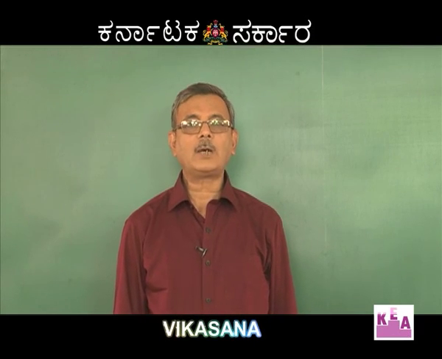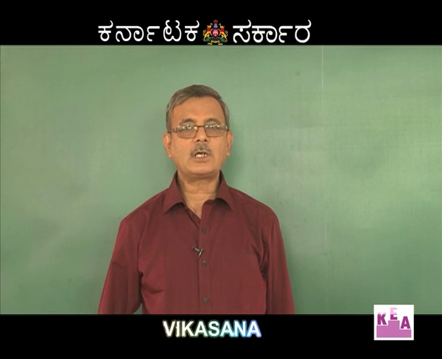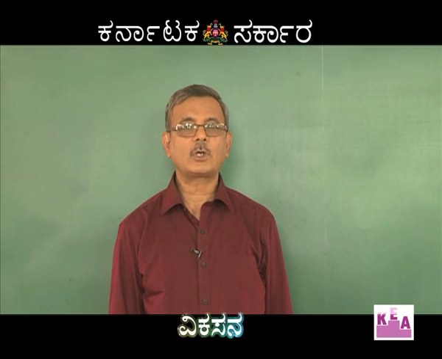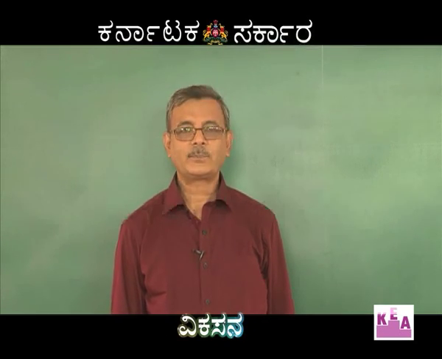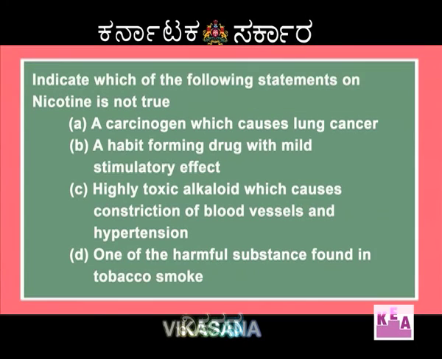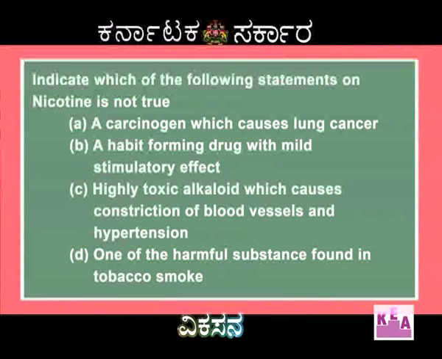So, when we talk about nicotine, it is the cause for an individual to develop addiction. It acts as a stimulant. As a result of this, it causes constriction of blood vessels. This leads to high BP or hypertension. Thereby, this option is not going to be right.